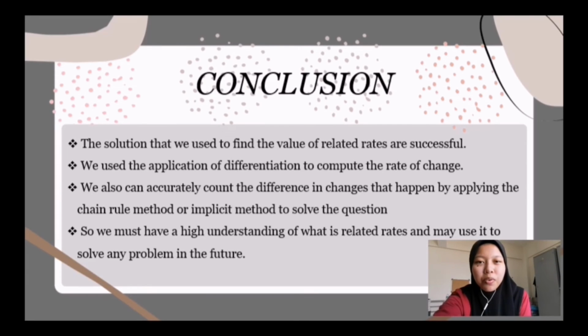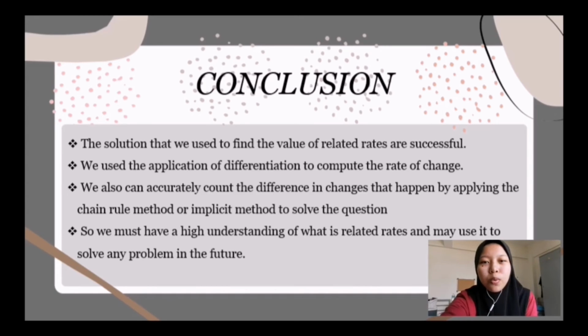For the conclusion, the solution that we use to find the value of related rates is successful. For the second conclusion, we use the application of differentiation to compute the rate of change.